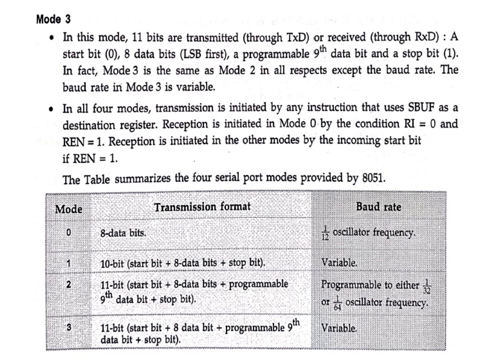So if you observe it clearly, mode 3 is the same as mode 2 in all respects except the baud rate. The baud rate in mode 3 is variable, whereas in mode 2, it is programmable to either 1 by 32 or 1 by 64 the oscillator frequency based on the requirement. So this is the basic or important difference between mode 2 and mode 3 operation in 8051 serial communication.